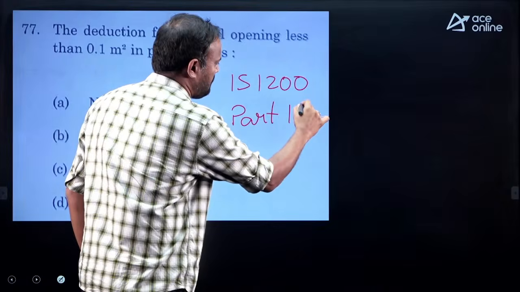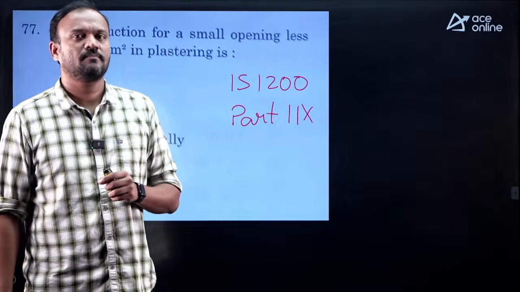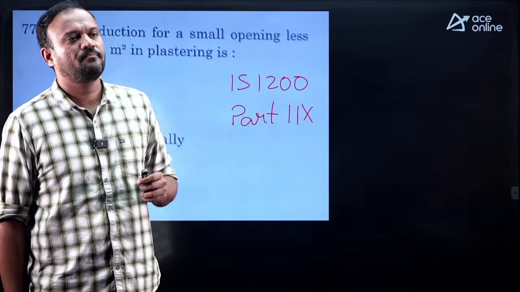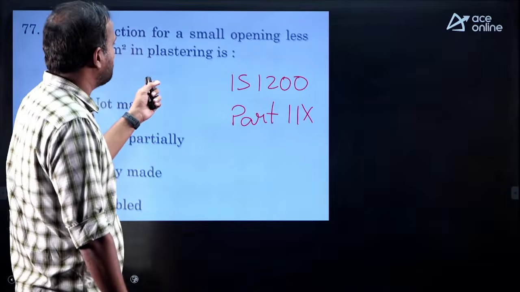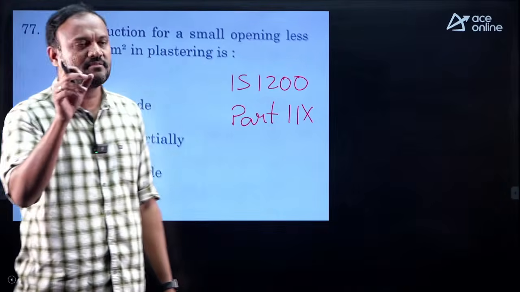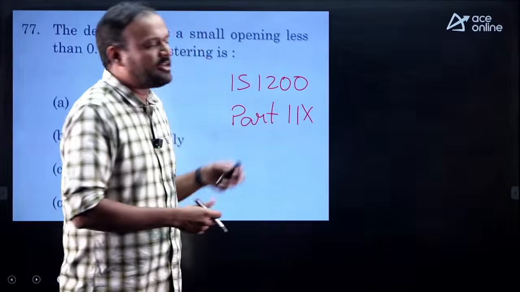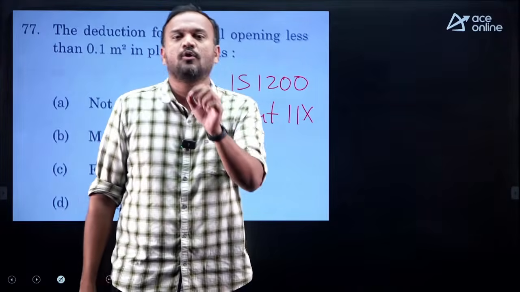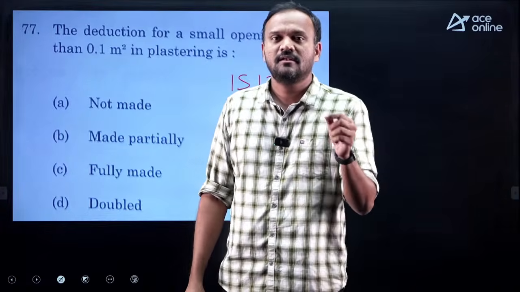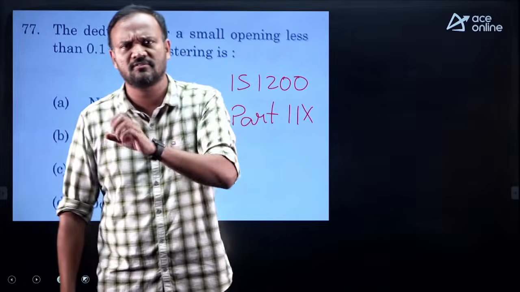Now when it comes to plastering, we go for IS 1200 part 12. Part 12 deals with plastering and pointing measurement. Here, IS 1200 says that if the opening is less than 0.5 square meter, then you should not do any deductions while taking measurements for billing to the contractor or whatever is the reason.